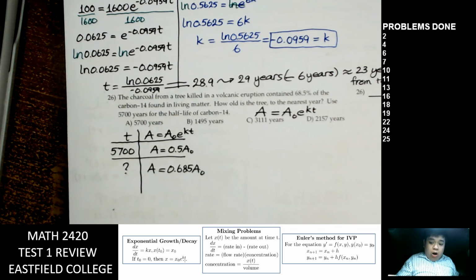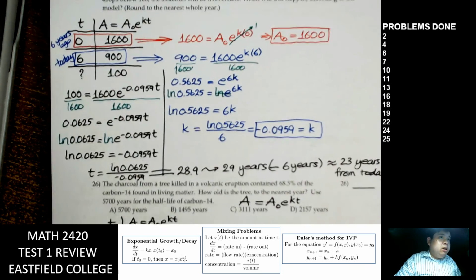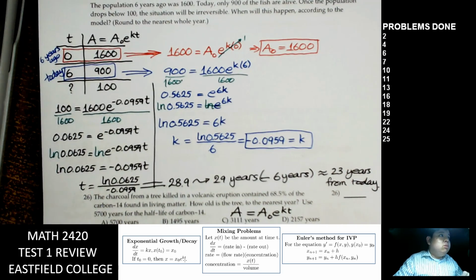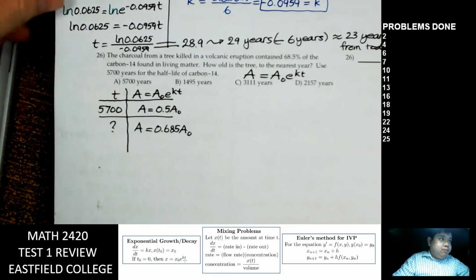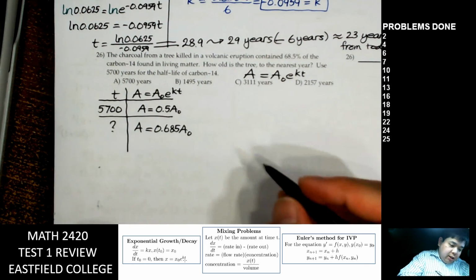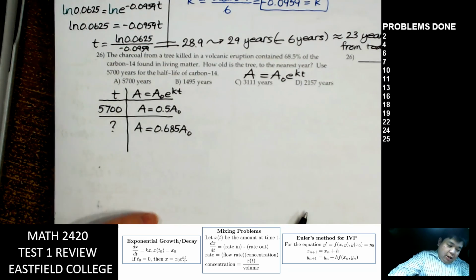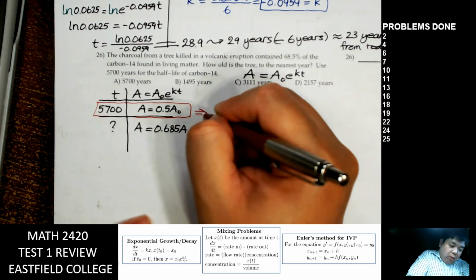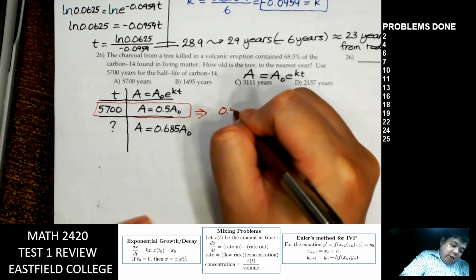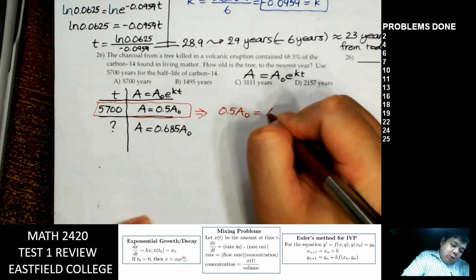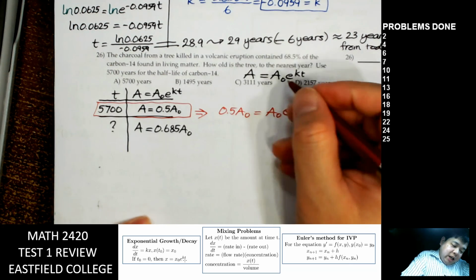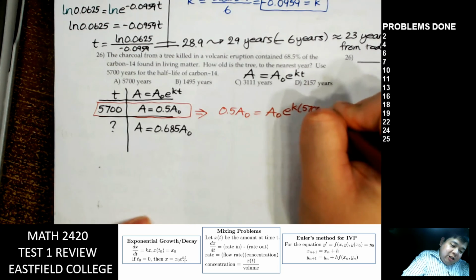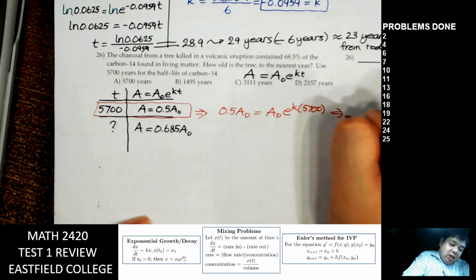So we do pretty much similar to it, by the way. One more time. First, from here, I will not do a complete problem, but we have 0.5 a naught equal to a naught e to the kt, don't know k, but do know t. So from this equation we can solve for k.